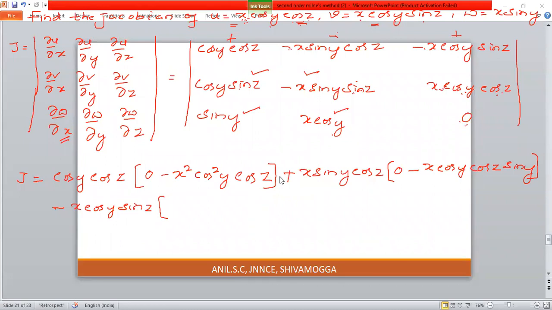Left top to right bottom, x cos y sin z into x cos y is x cos square y sin z, minus right top to left bottom, minus x sin y sin z into sin y, minus into minus is plus x sin square y sin z.